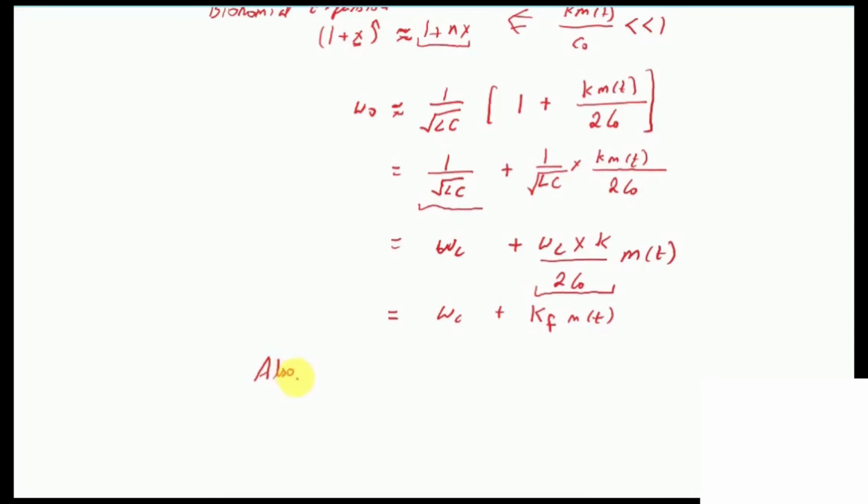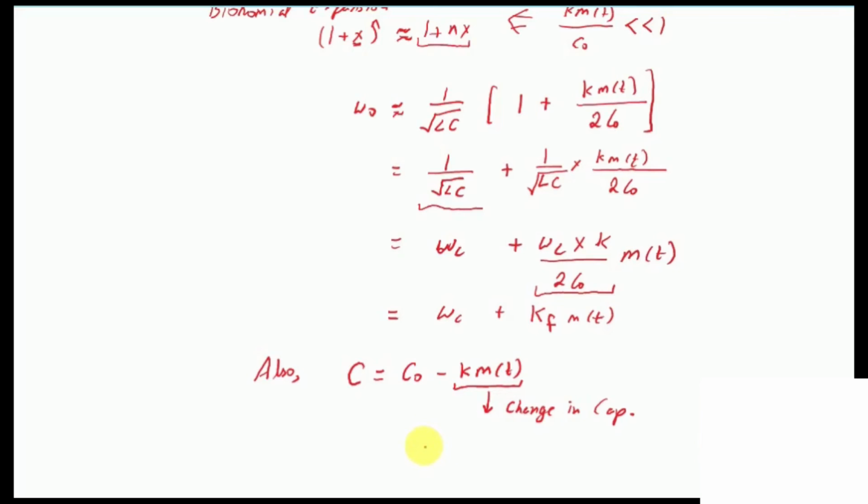Also previously we have mentioned that the equivalent capacitance C is equal to C naught minus K m(t). This block over here is giving us the change in capacitance value, right?